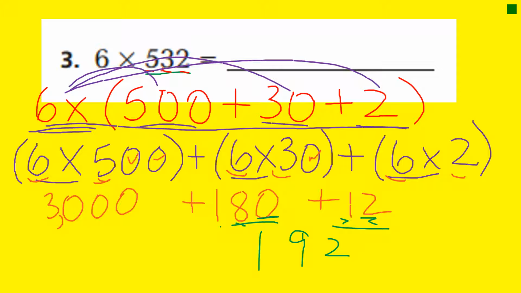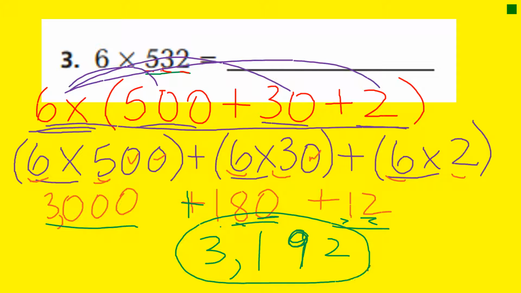And to add 3,000 onto that, 3,192. Okay? We broke apart 532 into expanded form.